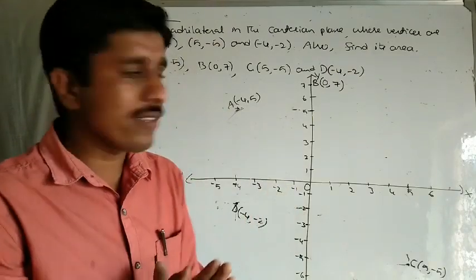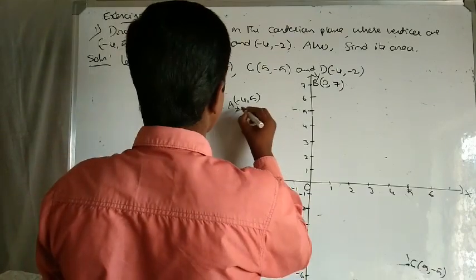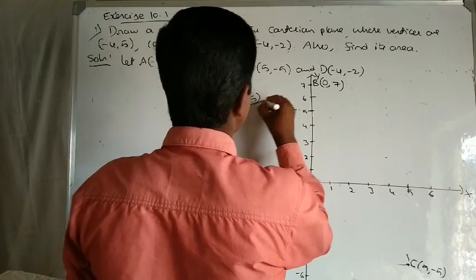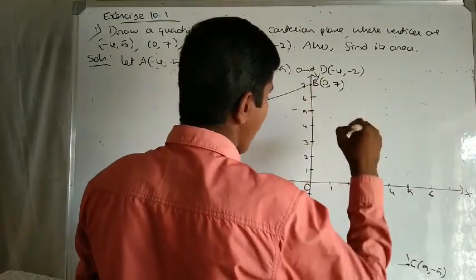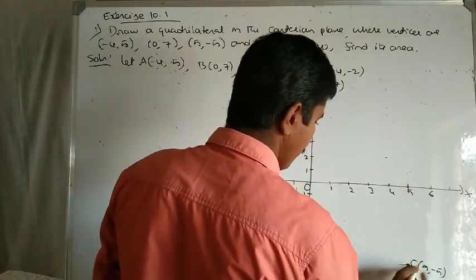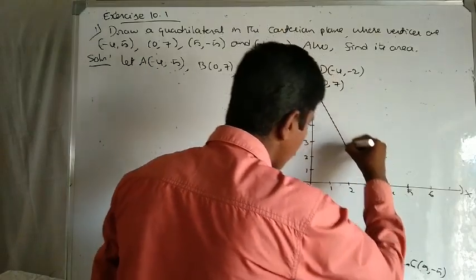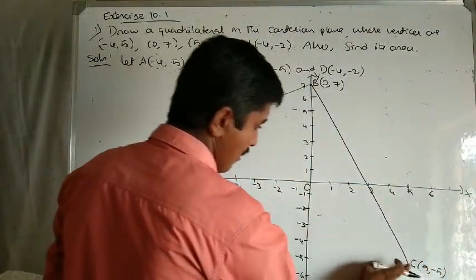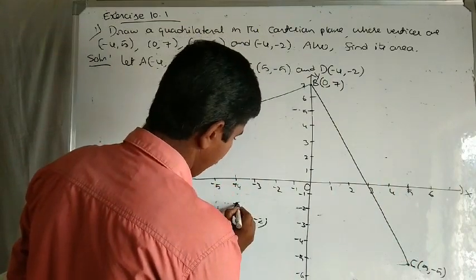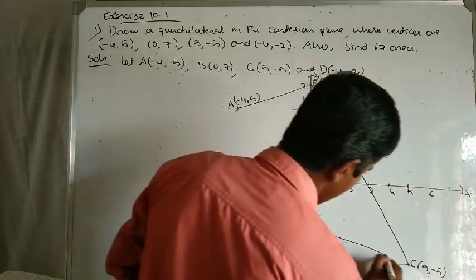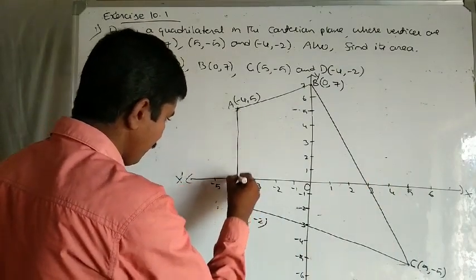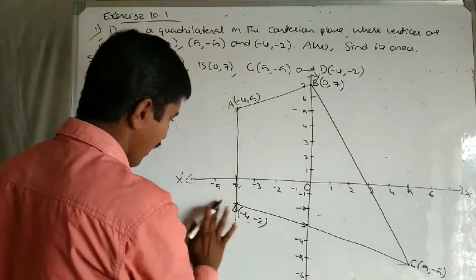Now join all the vertices here. Join all the vertices. First AB. Next BC. Next CD. Next AD.